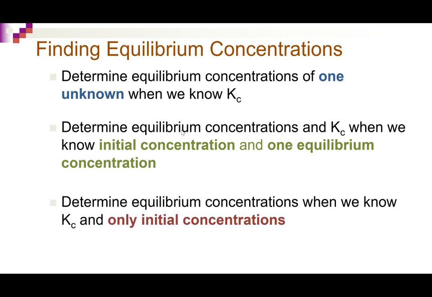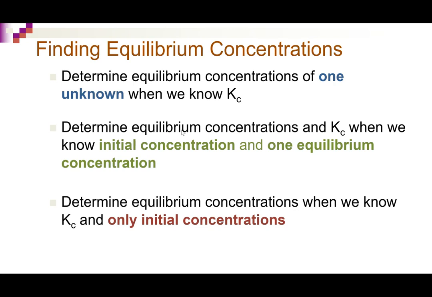The last category is the most difficult. This is where we go back and rely on a lot of our old school algebra skills. And don't worry, we'll review those together. They're going to help us to determine the equilibrium concentrations. So what will we know? Well, we'll know Kc and we'll know only the initial concentrations.